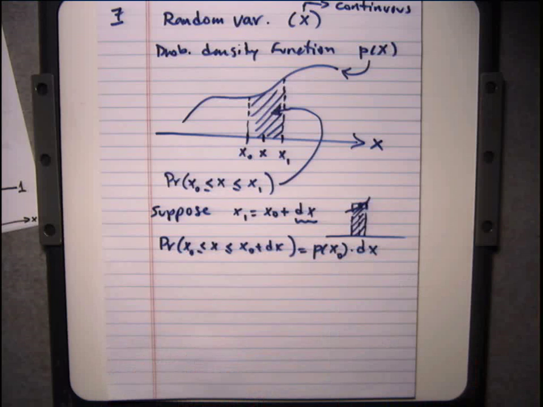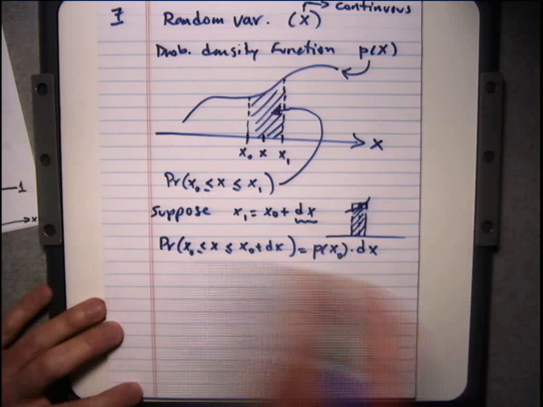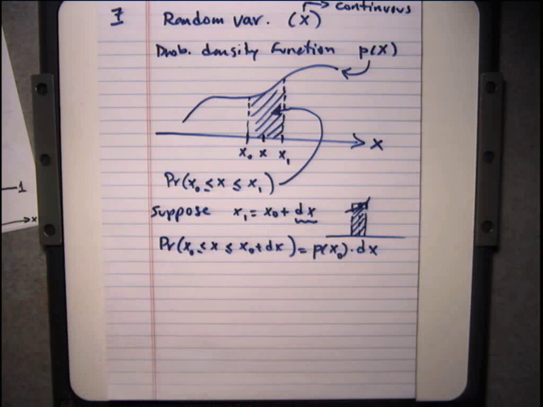So when the region that you're looking at is differentially small, then you can just multiply the PDF at x0 times that dx to get a very good approximation to the value of the probability you're looking for. And we can use this later on to define the cumulative distribution function as well.